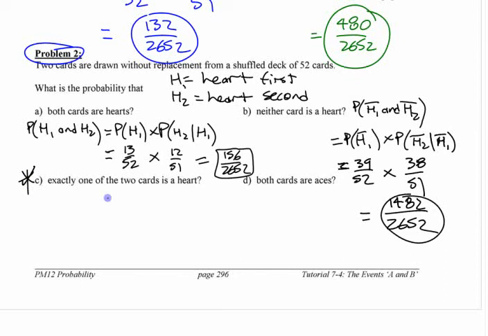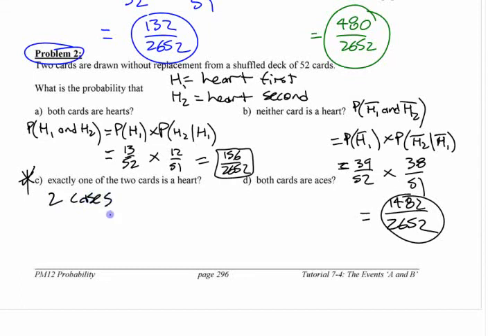If you just multiply out fractions and say, I have to do chance of getting a heart first times chance of not getting a heart second, you want one or the other. There's two different ways it can happen, right? There's two cases here.